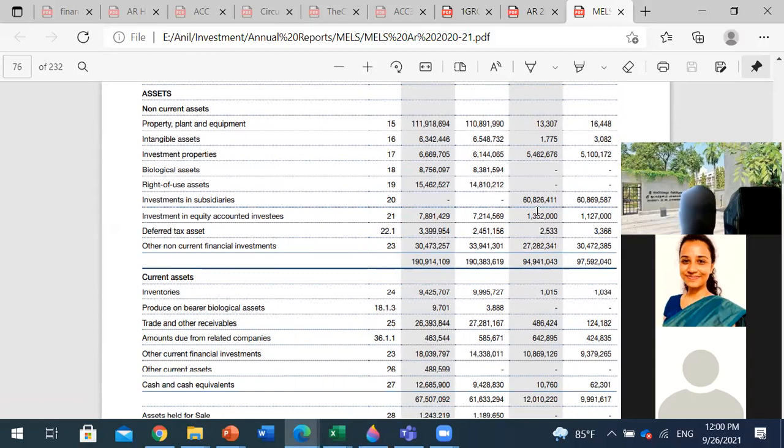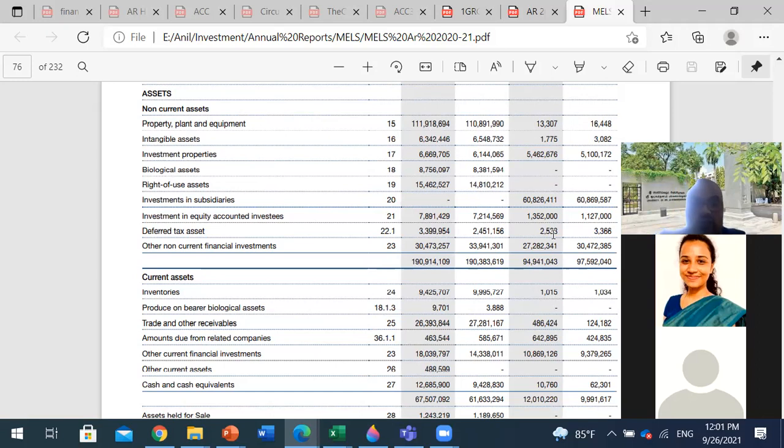From that, you have to deduct any financial assets, other non-current financial investments. So this is directly a financial asset. Deferred tax is not a financial asset. Why? We need to discuss. Deferred tax is an asset which we have the right to claim in future from the Inland Revenue Department as a result of complying with the accounting standard, the tax provision.